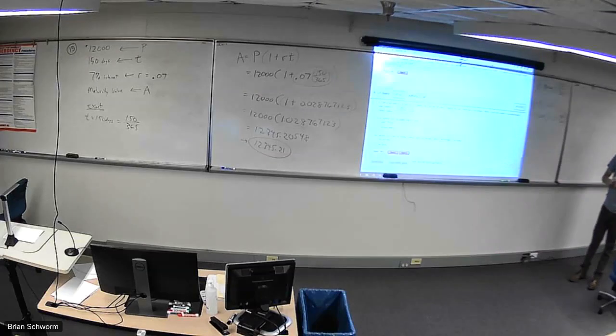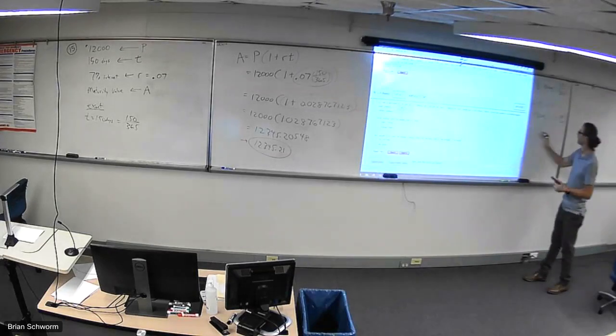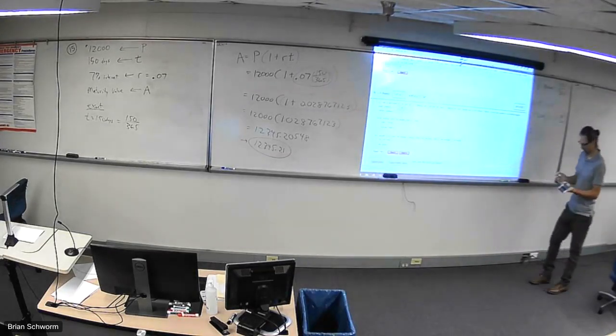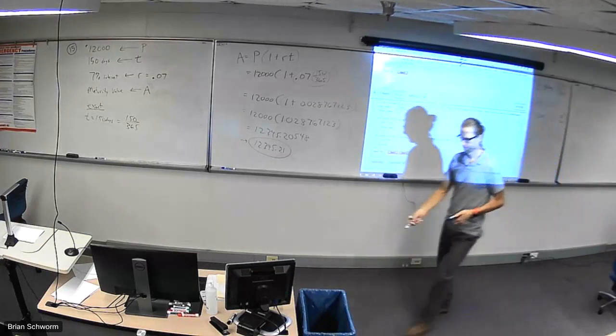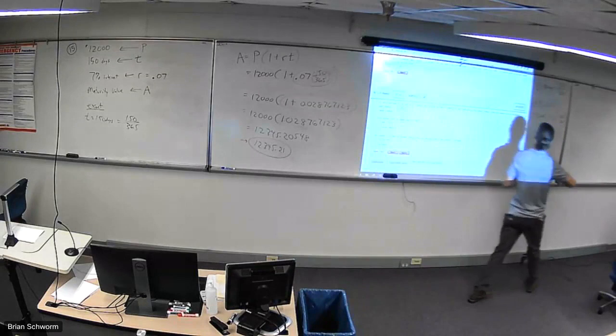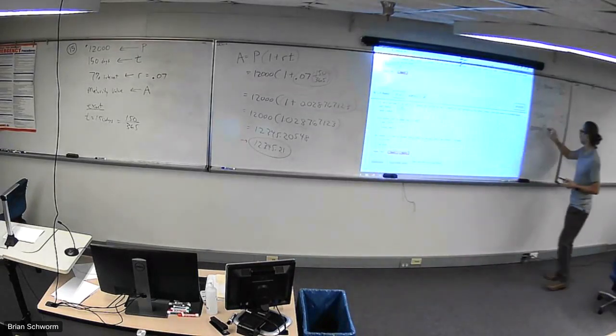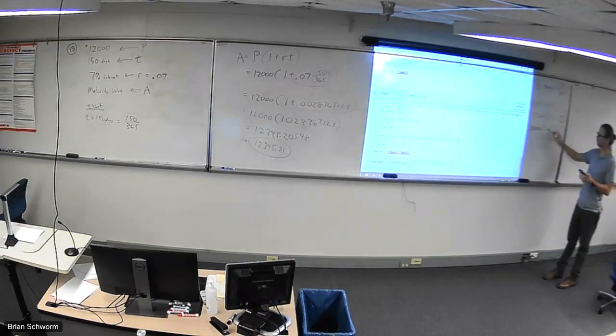Do that part there: 0.07 times 150 divided by 360, which is 0.0291666.